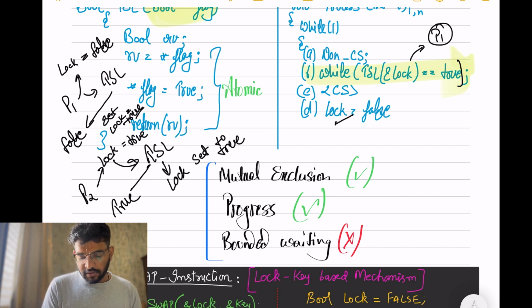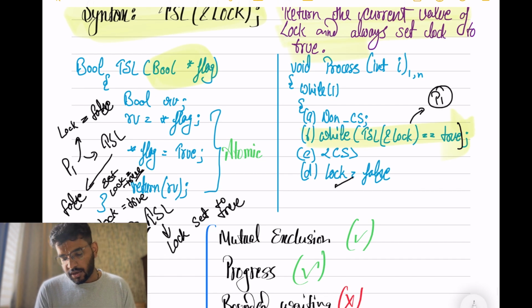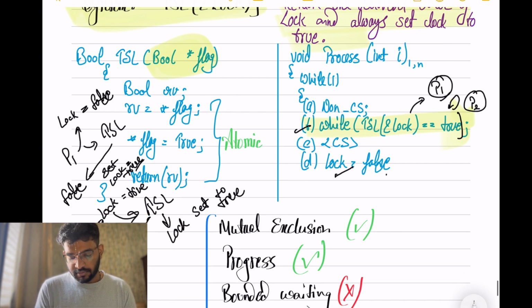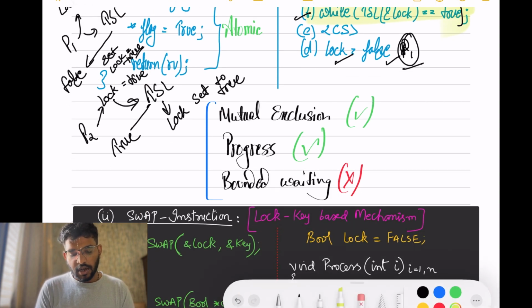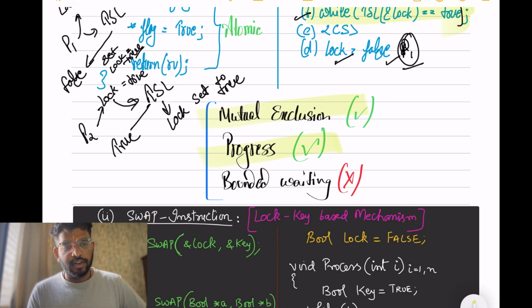So while executing this statement, only P1 will be able to negate this statement, and P2 will be doing busy waiting, continuously executing this loop for an infinite amount of time, or until P1 executes this statement. TSL enables mutual exclusion and progress but does not guarantee bounded waiting.